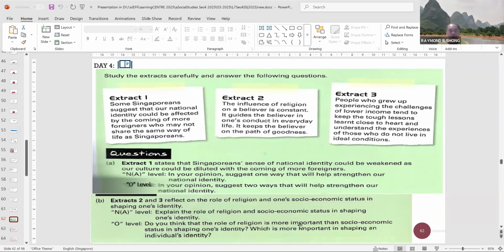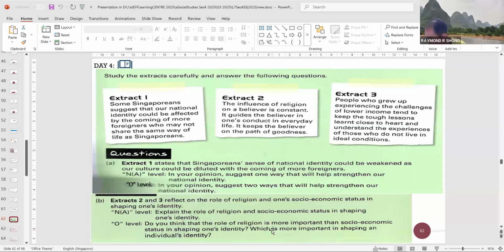Okay, let's read Extract 2 and 3. It reflects on the role of religion and one's socio-economic status in shaping one's identity. Explain the role of religion and socio-economic status in shaping one's identity.